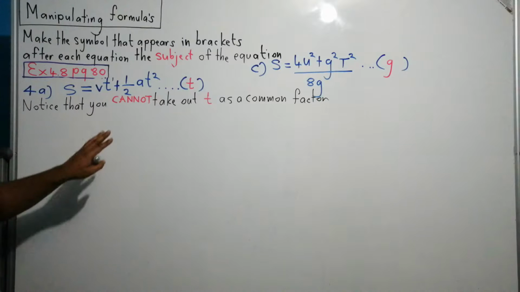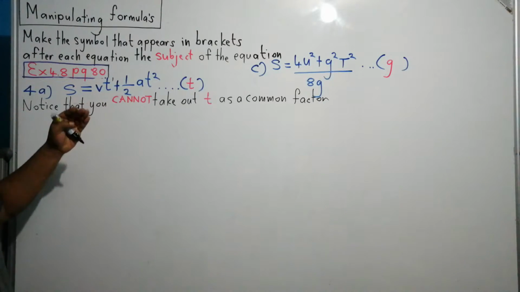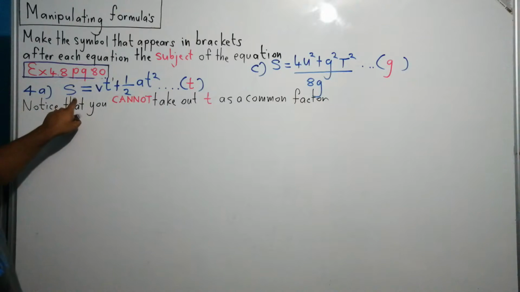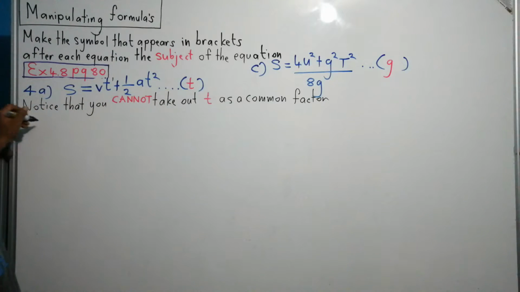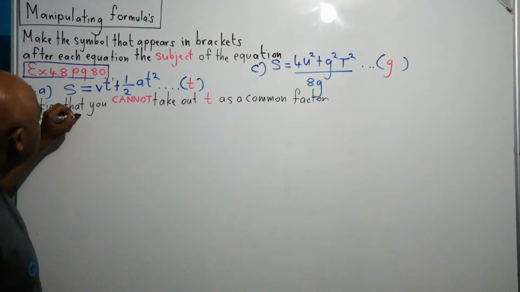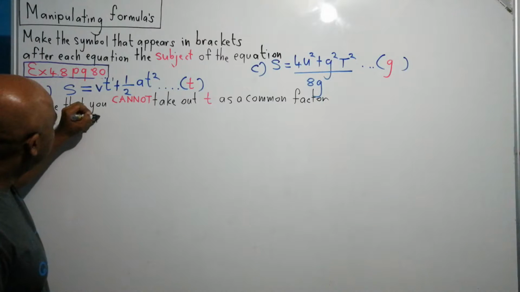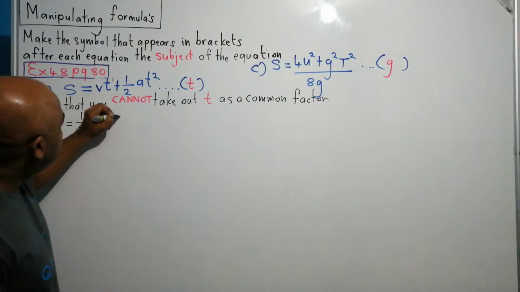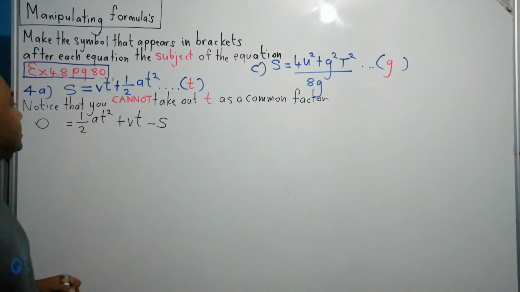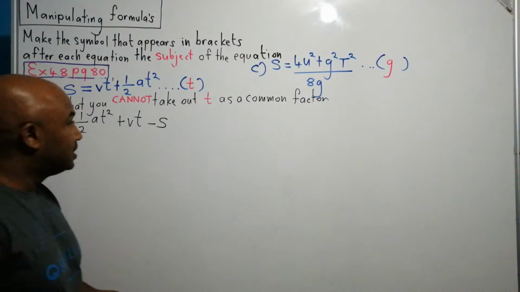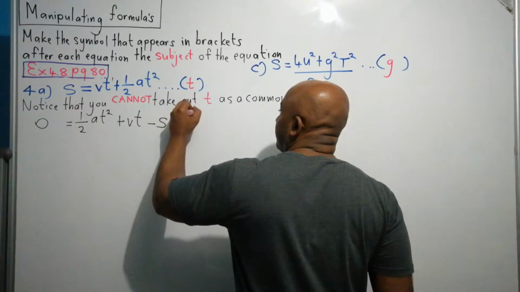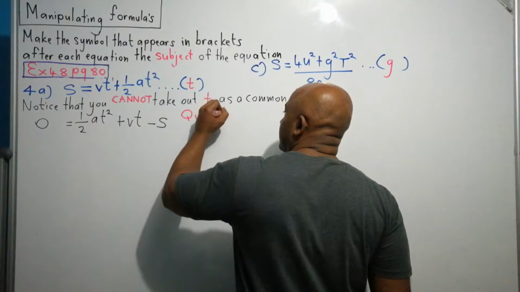Okay, so what do you do? You make the whole equation equal to 0. So if I take S to the right hand side, so I'm going to have 0, then now I got half A T squared plus V T minus S. So I make my whole equation equal to 0, and this is in the form of a quadratic now.